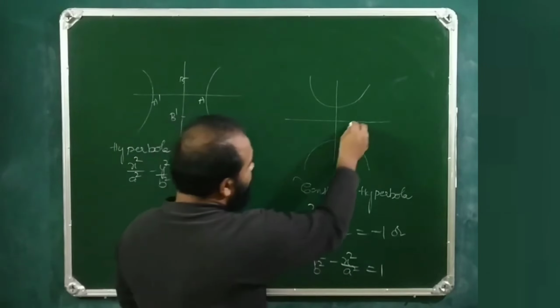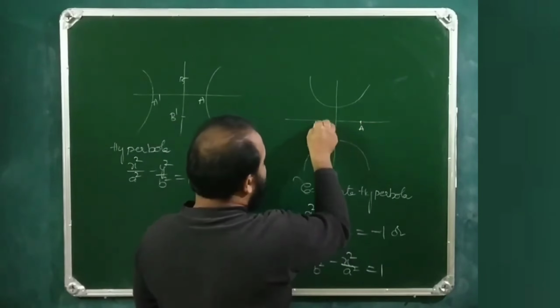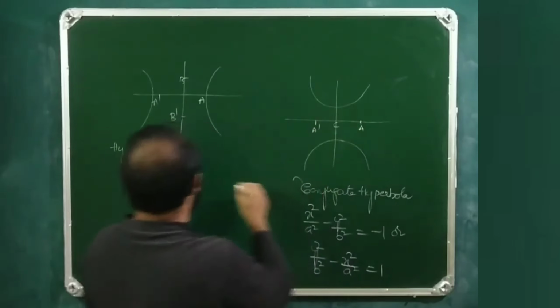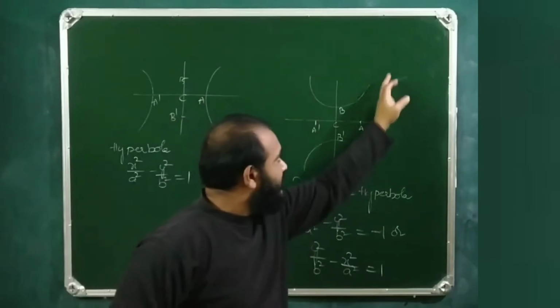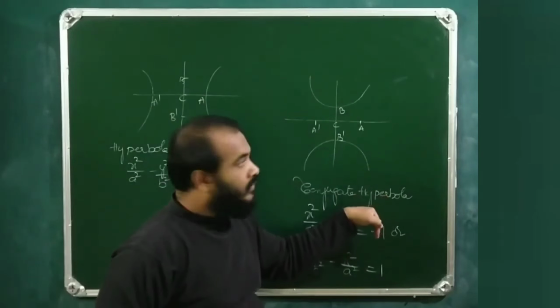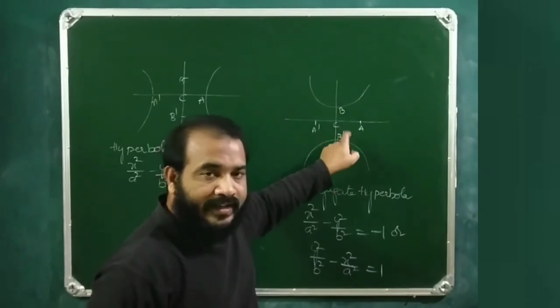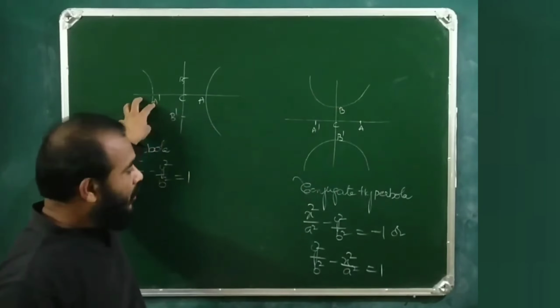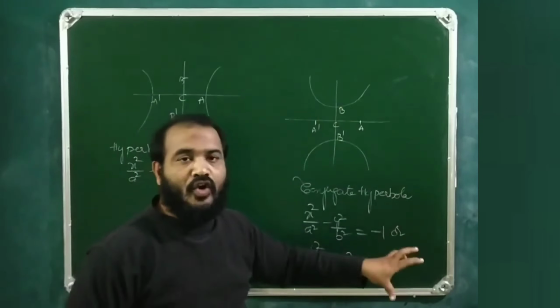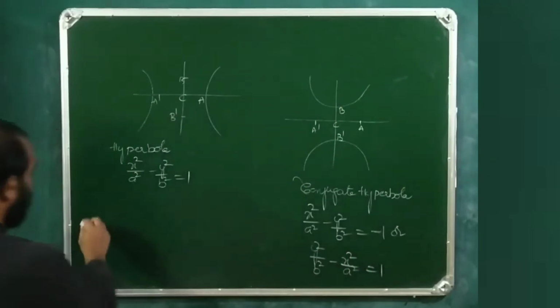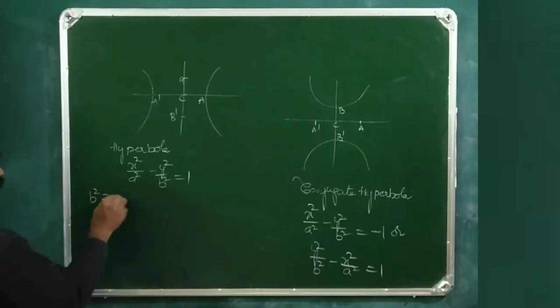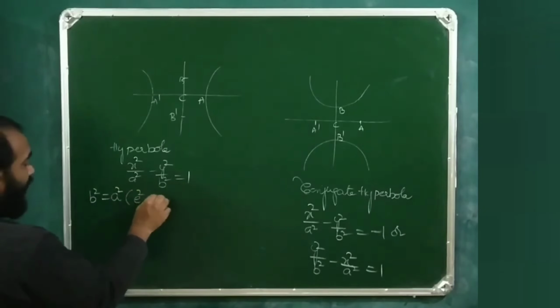Here this is A dash and this is the center. For this hyperbola, the transverse axis is the conjugate axis of the original hyperbola. So this is said to be the conjugate hyperbola. For the original, b square equals a square into e square minus 1.